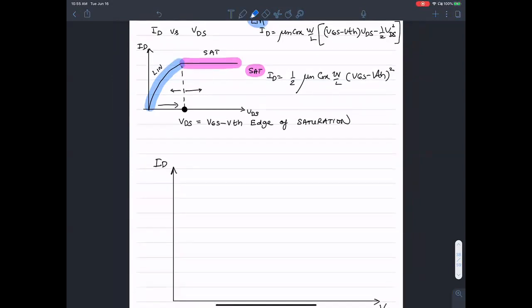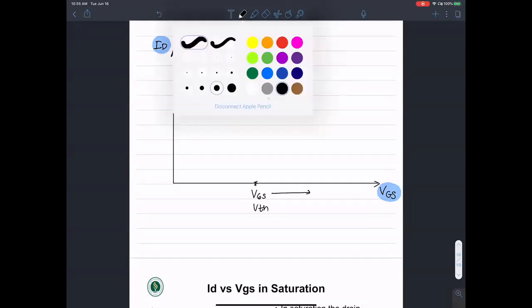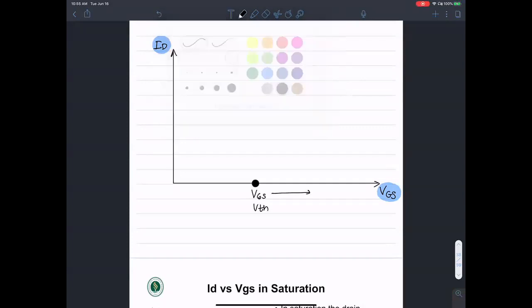Just like I was plotting VDS versus ID earlier, I want to understand how VGS compares to ID. If you remember, if this value is the threshold voltage, to the left of it the MOSFET was off, and to the right of it the MOSFET was on.